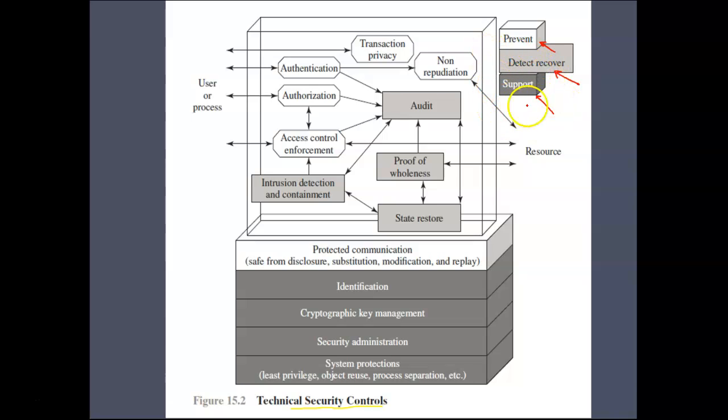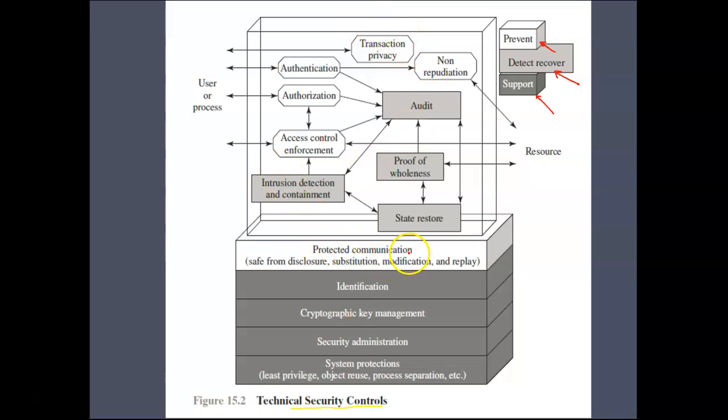Supportive is general controls, preventive is to prevent risk, detective is to detect the risks. And we have many methods that are used in technical controls, for example, authentication, authorization, access control, transaction privacy, non-repudiation, and intrusion detection, and you all know all of these. So we use all of these.